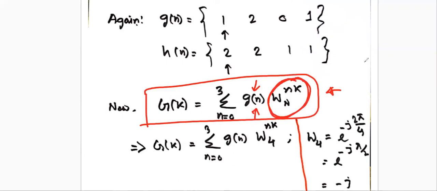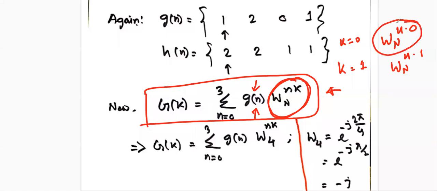What does it mean? Let's say for k equals 0, we have W_N to the power n into 0, and for k equals 1, we have W_N to the power n into 1. So how many values do we have there? For this one, we have 4 values.